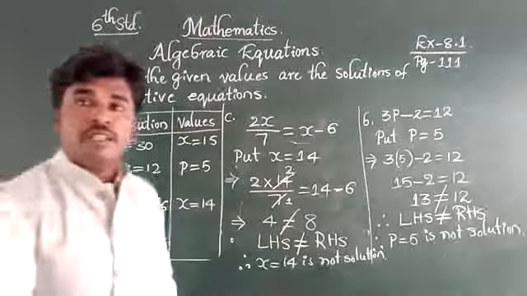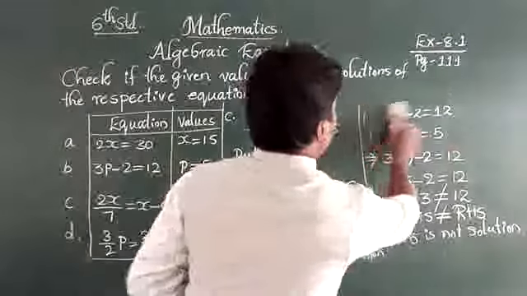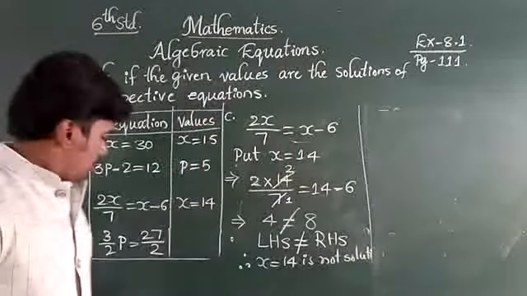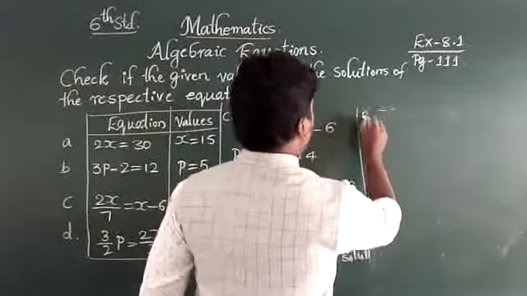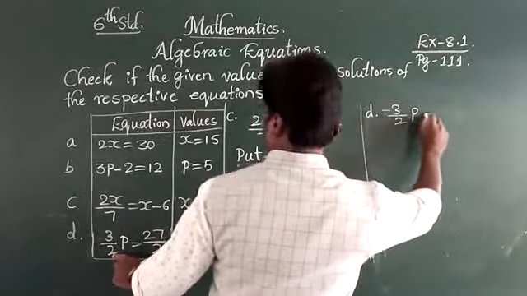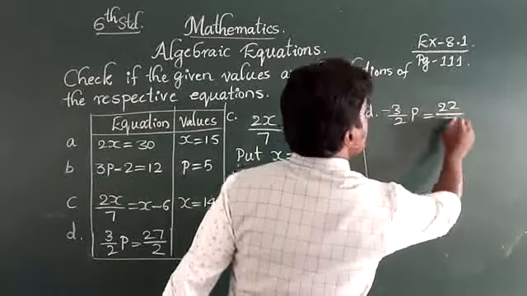You please check it once. Here I am going to take the fourth one, that is d. 3 by 2 p is equal to 22 by 7.